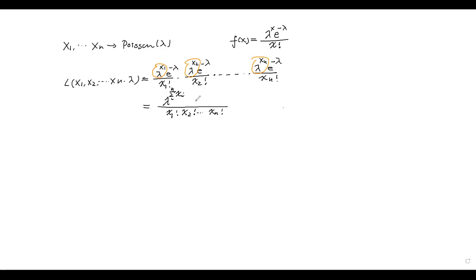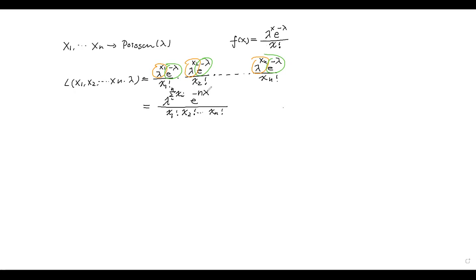Then the remaining e to the negative lambda, e to the negative lambda, and so on: how many lambdas do we have? We have n lambdas here, right?